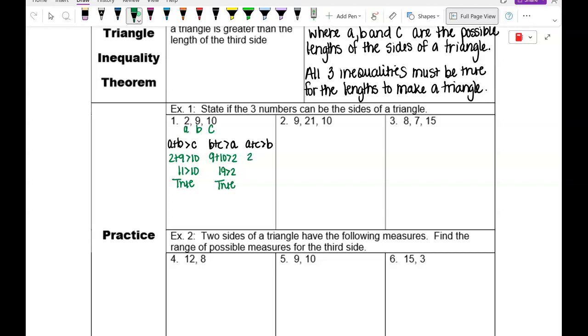And then 2 plus 10 has to be greater than 9. 12 is greater than 9. That is a true statement. Since all three of those are true statements, yes, these side lengths can be a triangle. But again, don't just stop at one. You have to make sure and check all three inequalities.